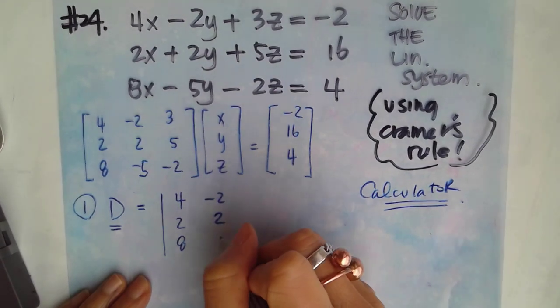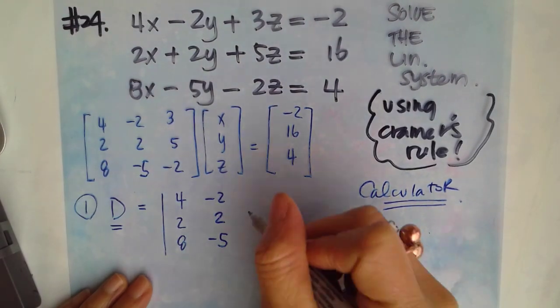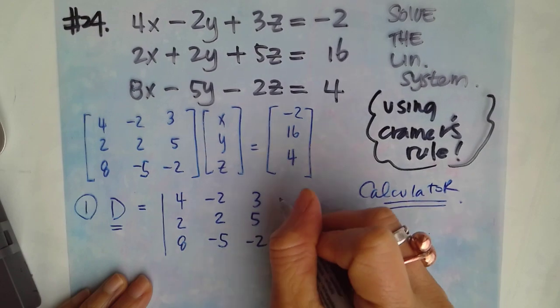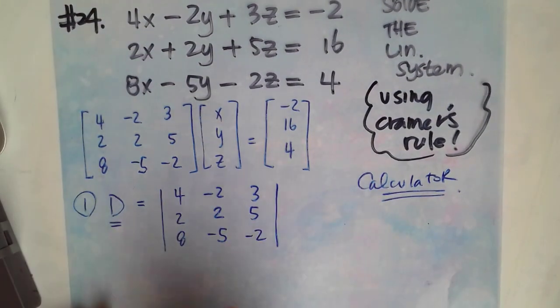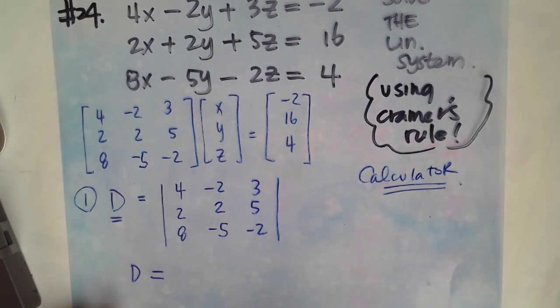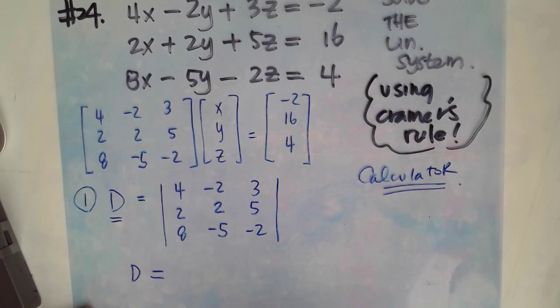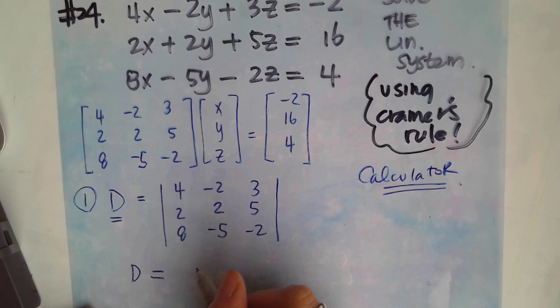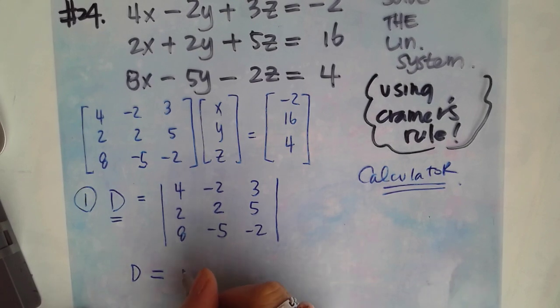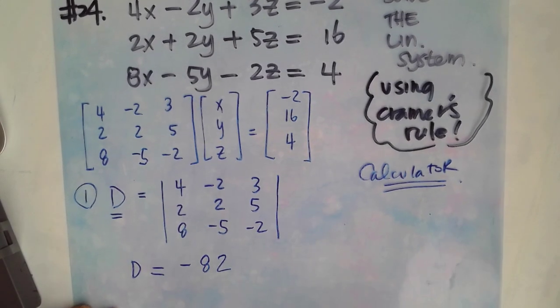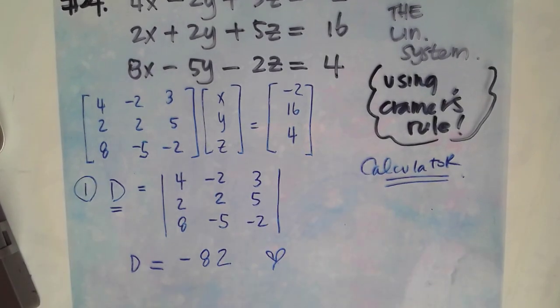Now, punch it into your calculator. What do you calculate for the determinant D? Did you get 0? I hope not. Did you get -82? I hope so. So I got -82 for D, okay?